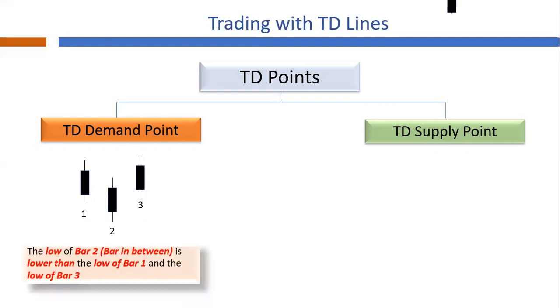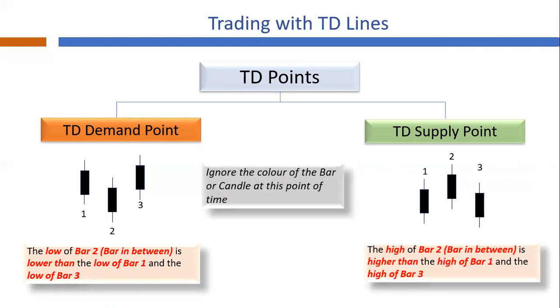In the same manner, for a TD supply point, at least 3 candles or bars are required. In this, the high of bar 2 is higher than the high of bar 1 and the high of bar 2 is higher than the high of bar 3. In this case, bar 2 becomes the TD supply point. I hope these points are clear.